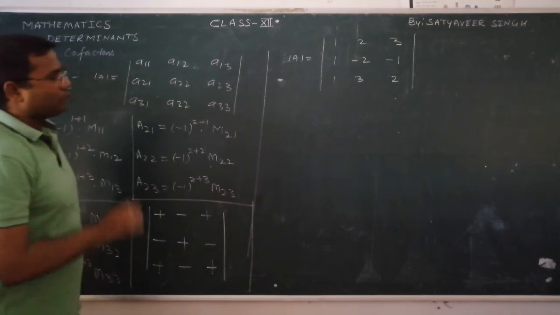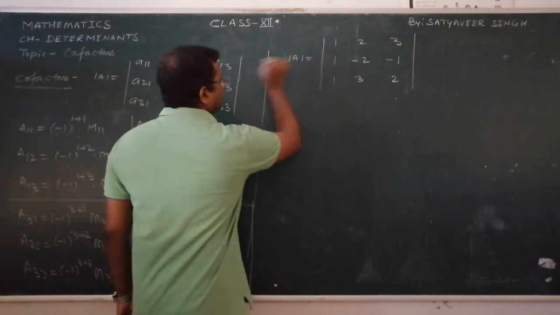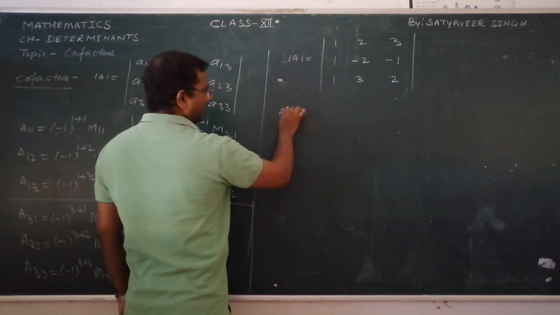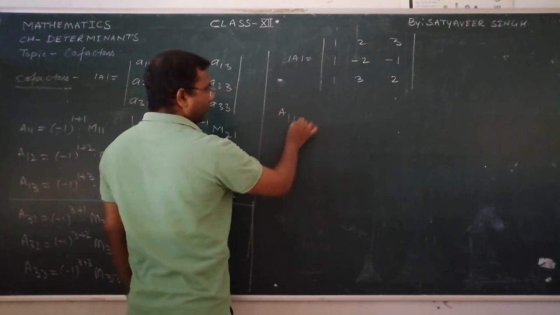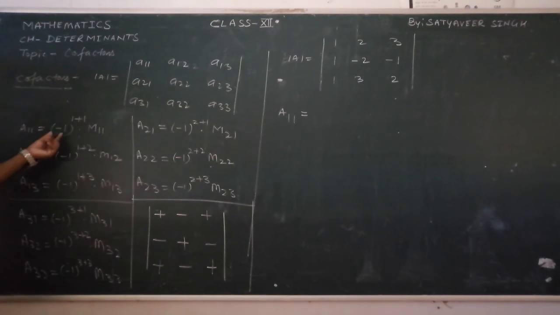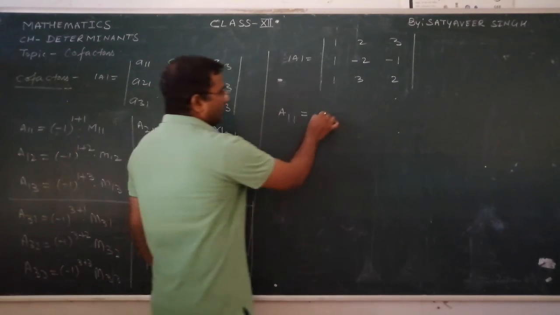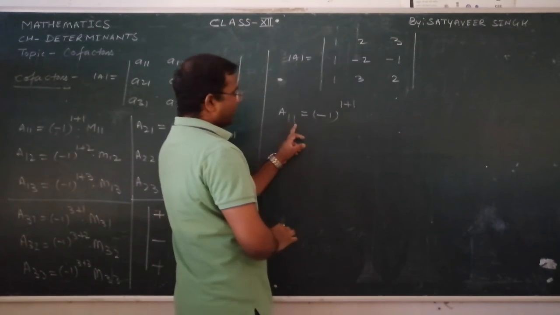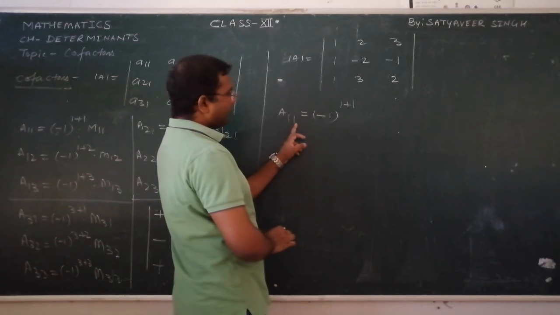See, suppose I want to find out now the cofactor of the first row. So that will be the first one, A11. See student, I know as per the rule it is minus 1 raised to 1 plus 1. Why? Because first, i is also 1, j is also 1.